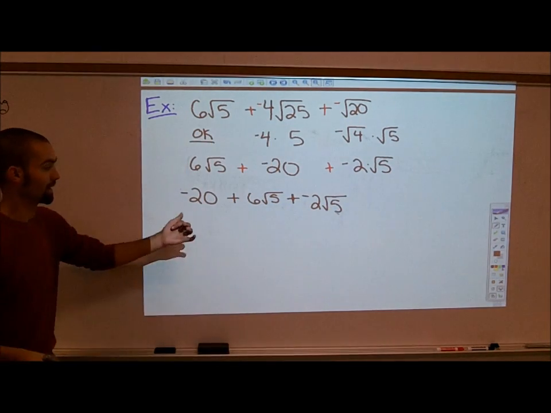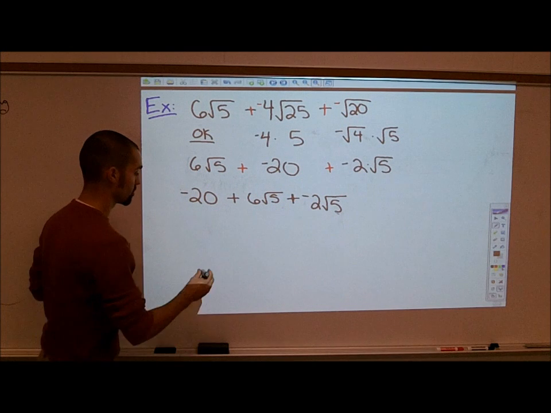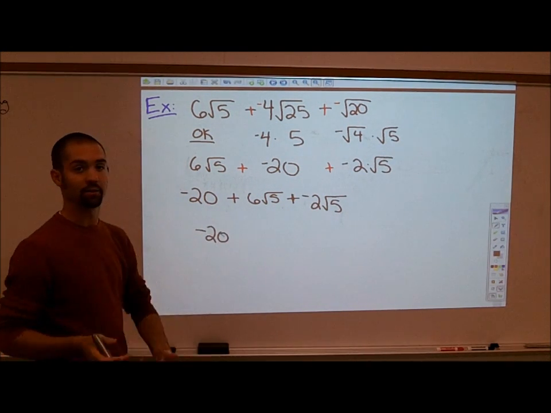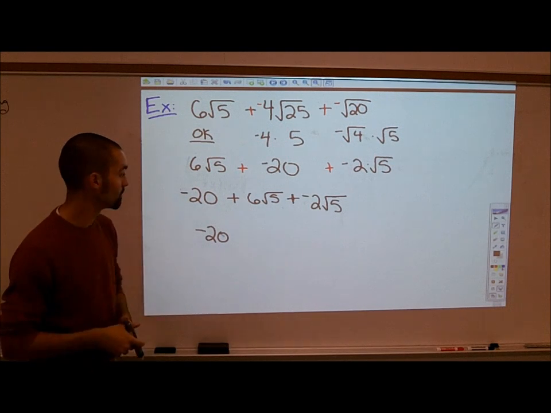Okay, well, can I add this negative 20 with anybody? No. So again, it stays negative 20. It doesn't have any other like numbers to add to it.